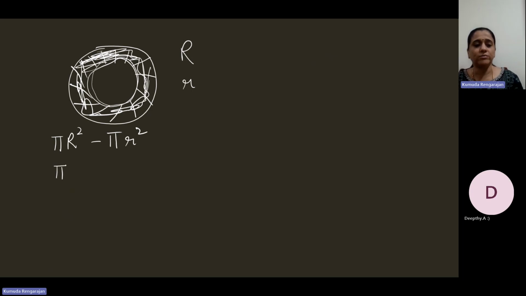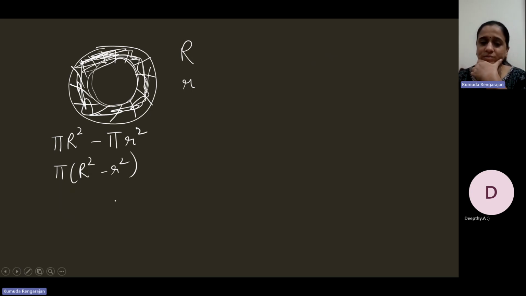So when you take out pi common, it is pi into R square minus r square, the formula to find the area of the region between two concentric circles.